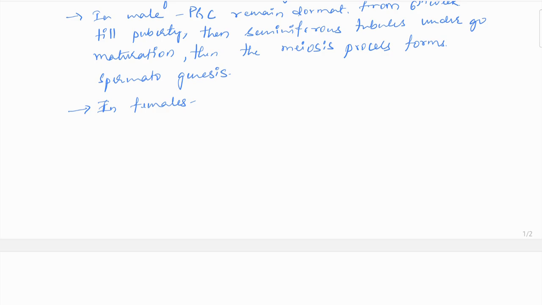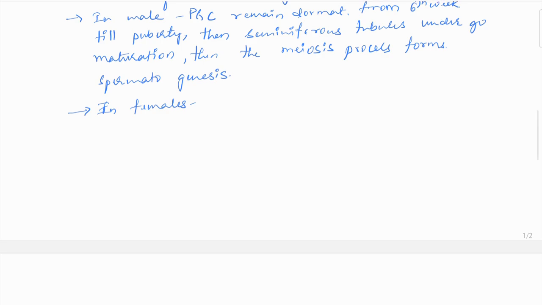Later it completes after puberty. Not all oocytes convert into secondary oocytes. Every month 10 to 15 oocytes are selected for the continuation of meiosis. Among these 10 to 15, one gets to mature. The rest of the cells degenerate.